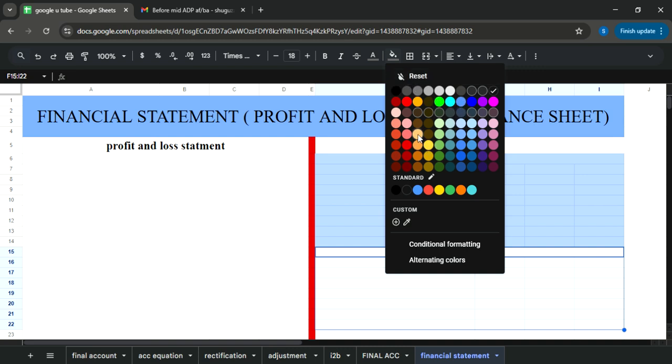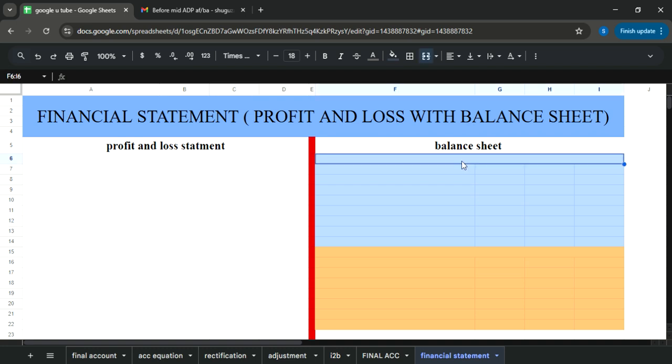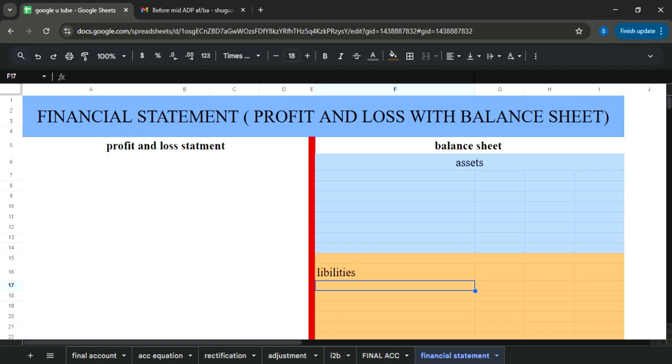So the balance sheet has been divided into two parts. Please understand, this is the upper part and this part would be used for assessment of assets in the business. So this part we will use for calculation of assets, and the lower part we will use for calculation of all liabilities. So here you will calculate the liabilities.